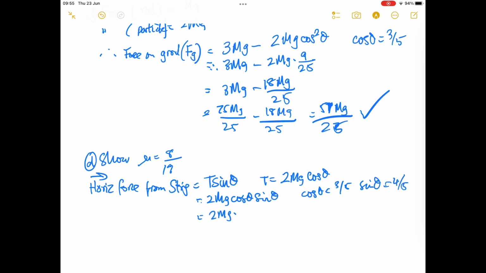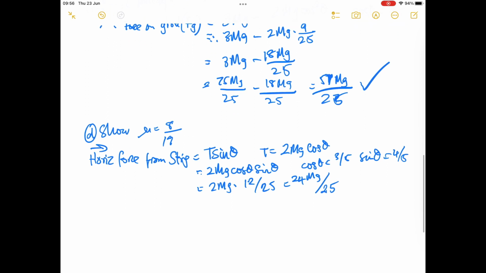So you end up with 2mg times 12/25. Okay. So that is the horizontal force of the string acting towards the left. Actually, I drew the arrow the wrong way around, but you know what I mean.